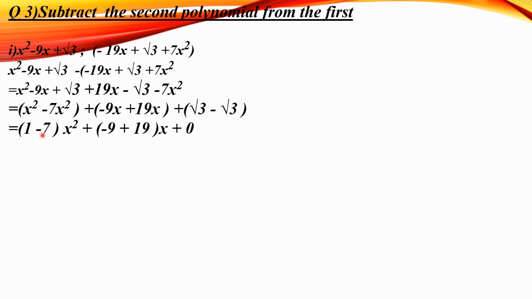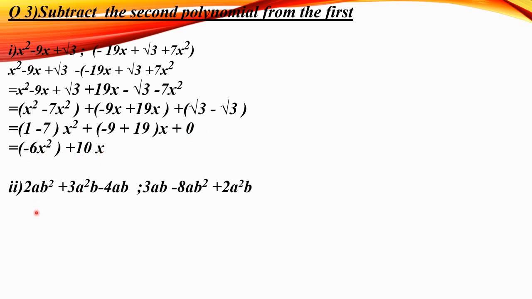The coefficients can be written inside one bracket and the variable outside as x square plus minus 9 plus 19 in bracket and x outside plus 0, because root 3 and minus root 3 will be cancelled. So we get minus 6x square plus 10x.